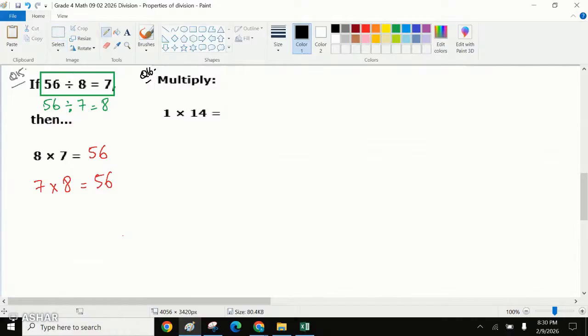Whenever a number is multiplied by 1, the number stays the same, right? We agree on this.